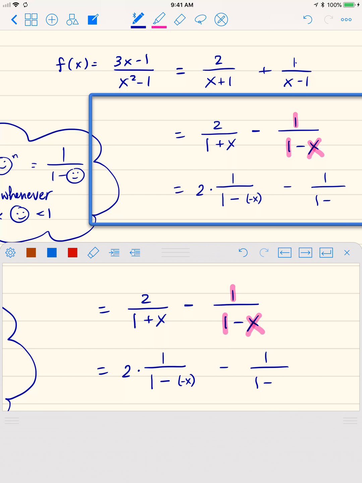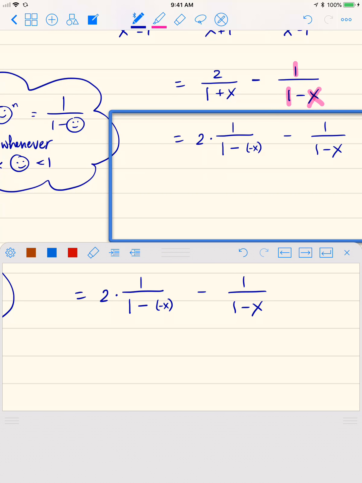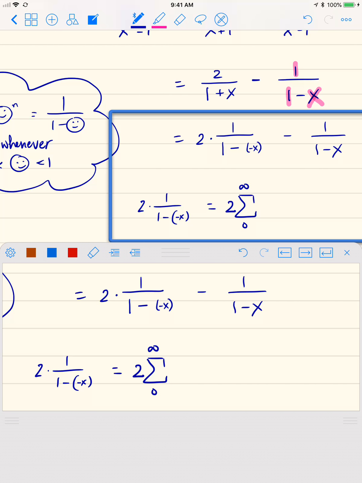Okay? So the first thing to note is that this first part, 2 times 1 over 1 minus negative x, can be written as a power series. Now we've got the 2, so we'll bring the 2 over, that's our coefficient. And we'll just have negative x to the power of n.